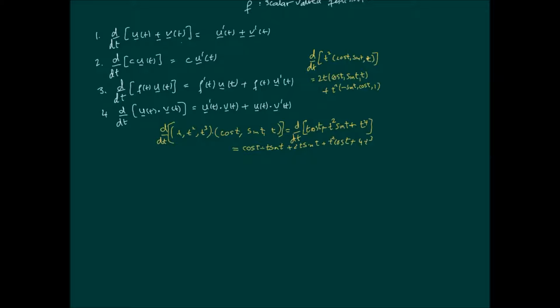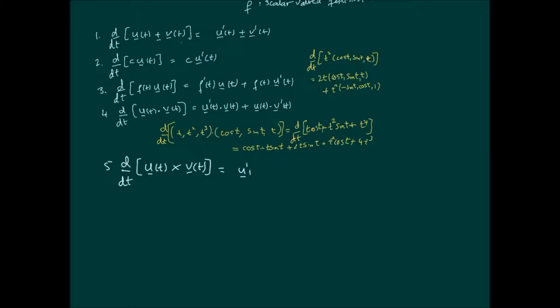Next property is the derivative of the cross product of two vectors. With the cross product, we end up with the derivative, again following the product rule of differentiation.